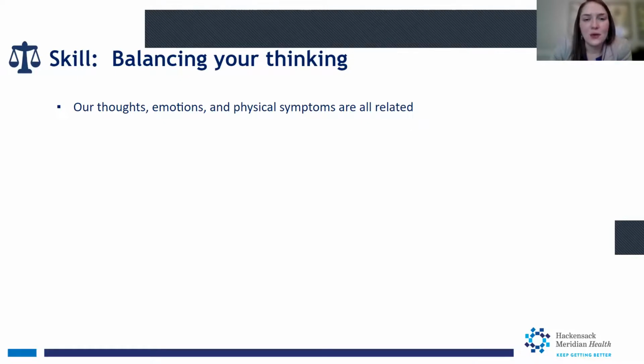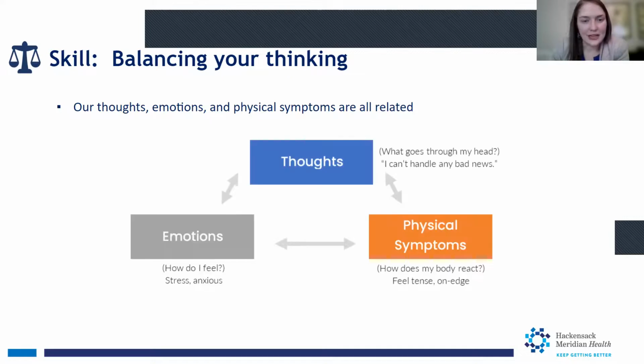So often when we're under stress, but also other times, we find that the pattern looks a bit like this triangle that you see here, where on the left side, if you see emotions and you notice yourself feeling stressed and anxious, oftentimes our thoughts can also become more worried or negative. So for example, what's going through my mind when I'm stressed? You see an example here. I can't handle any bad news.